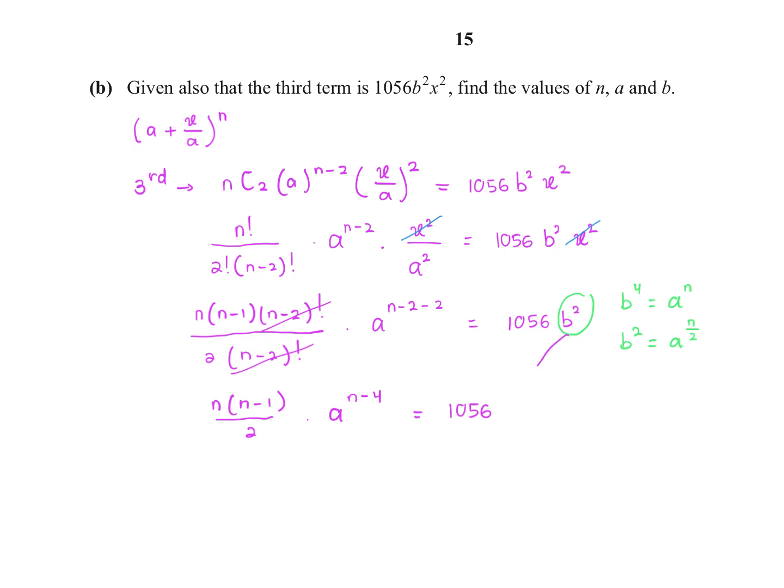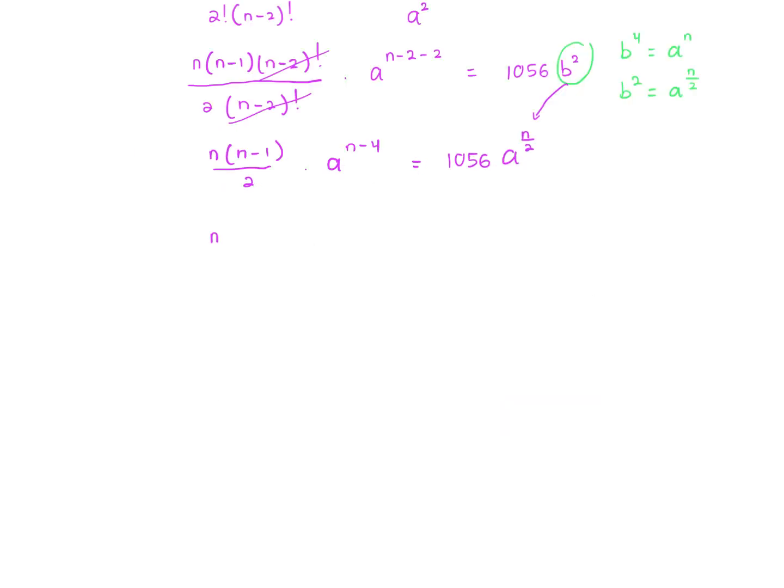Then this b squared I change into a to the powers of n over 2. n times n minus 1 over 2 times a to the powers of n minus 4 divided by a to the powers of n over 2 is equal to 1056. More simplify again. n times n minus 1 over 2 times a to the powers of n minus 4 minus n over 2, index law, is equal to 1056.